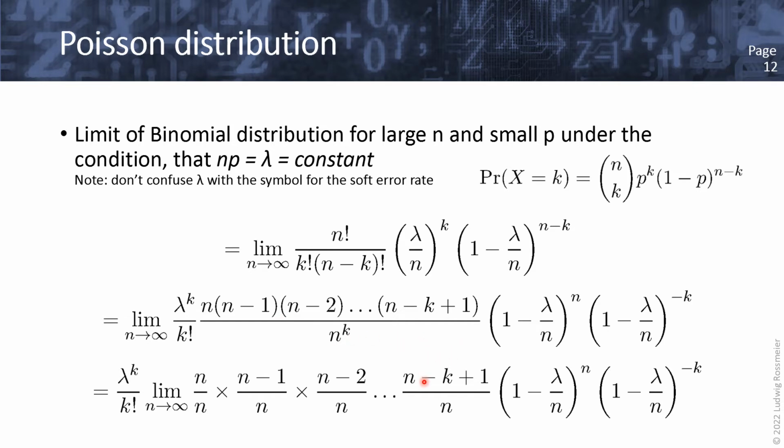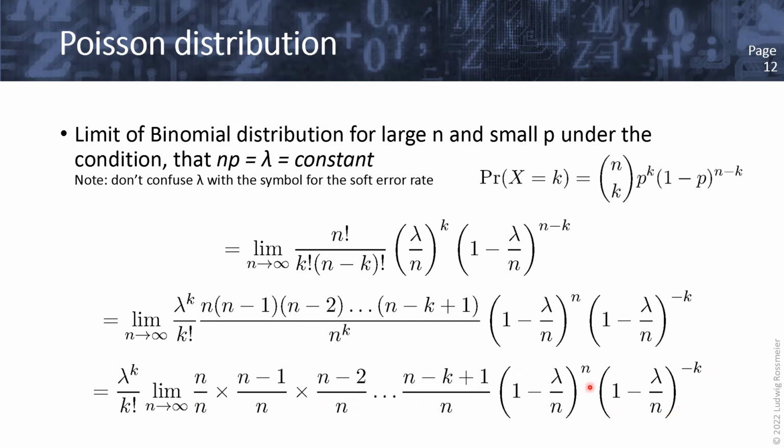In the next step, we build the limit for n going to infinity, and you see here n divided by n will for sure go to 1. N minus 1 divided by n also will go to 1, since n is a big number. K is limited, therefore also this term will go to 1. So all of that will be replaced by 1.